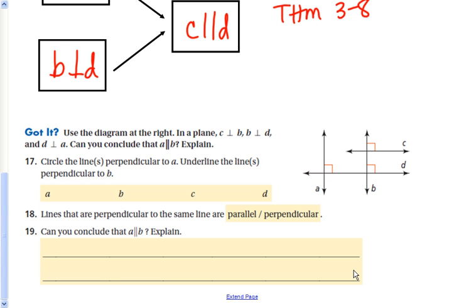Here we have the same diagram again. Here, though, we want to see if we can conclude that A is parallel to B. The line perpendicular to A is D, given, and the lines that are perpendicular to B are C and D. Lines that are perpendicular to the same line are parallel.